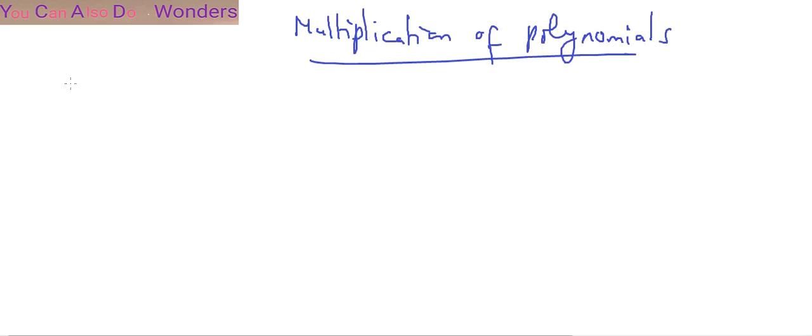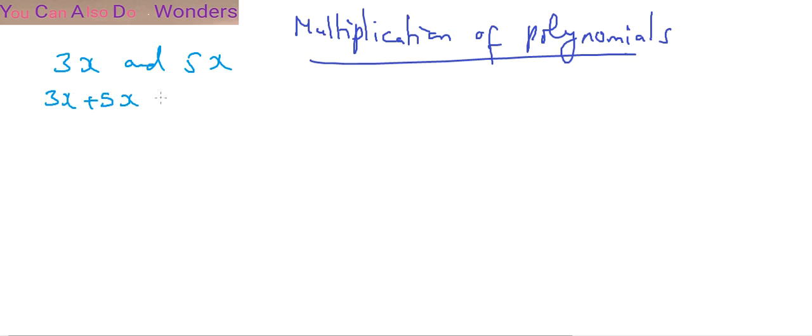Let's take two monomials, for example, 3x and 5x. If you want to add these two, how do we add 3x plus 5x? These two happen to be like terms.